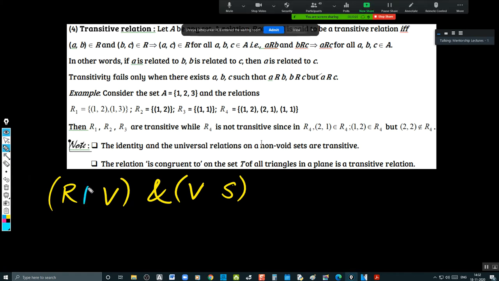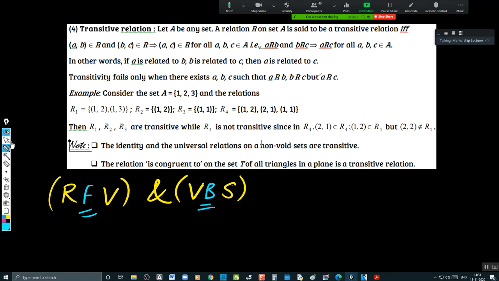Then Rahul is father of Vicky and Vicky is brother of Sushma, I said. Then Vicky is common here. Can we transfer this relation now? No, sir. This relation cannot be transferable because it is brother, it is father.